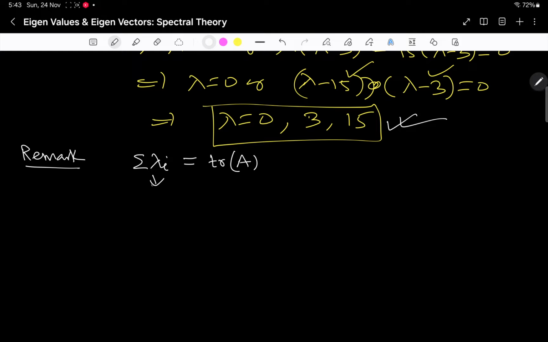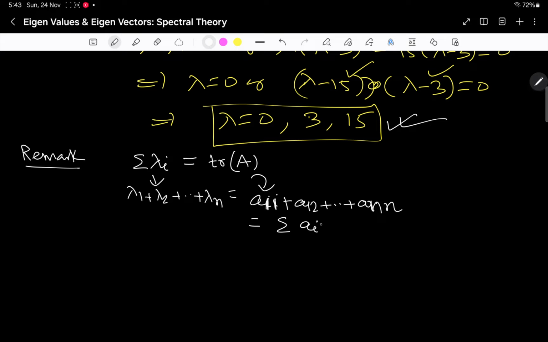That means lambda 1 plus lambda 2 and so on, all eigenvalues, and the trace of the matrix means a11 plus a22 plus up to ann, the summation of aii, equals the summation of lambda i. This is one property.